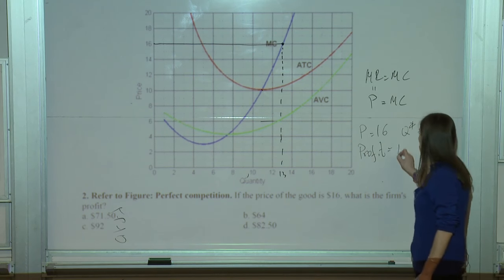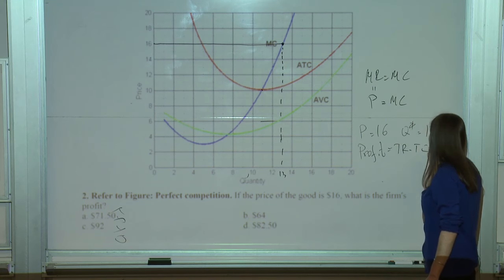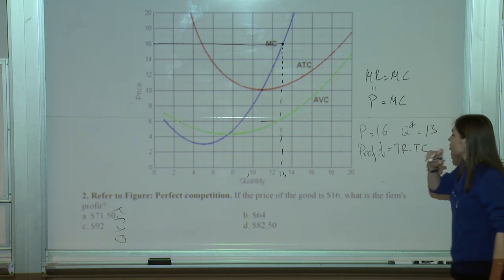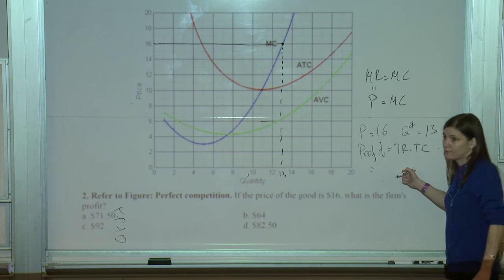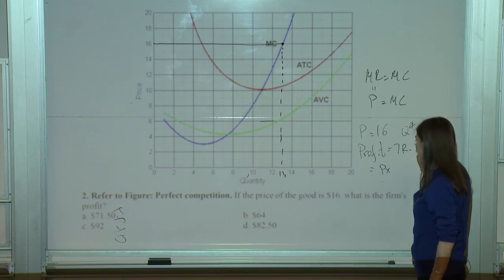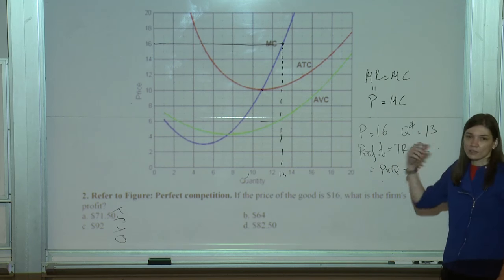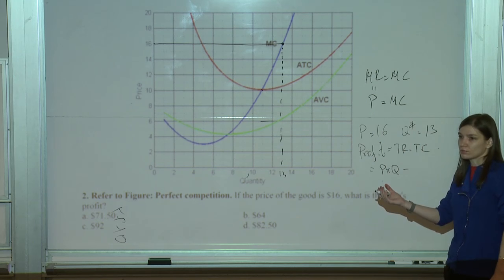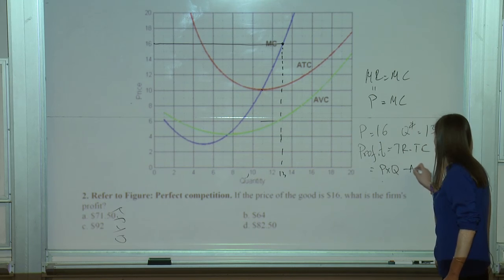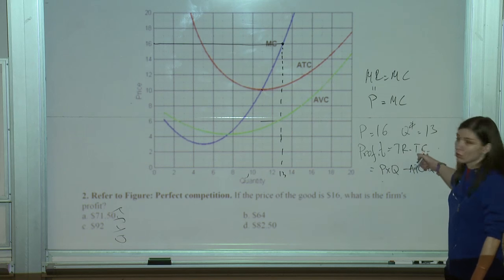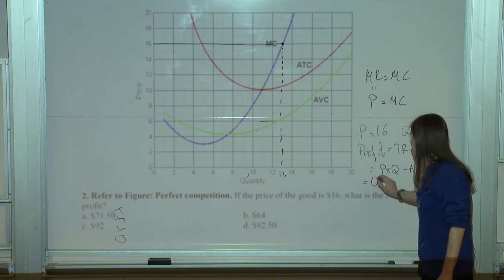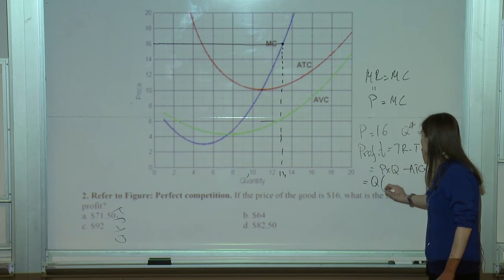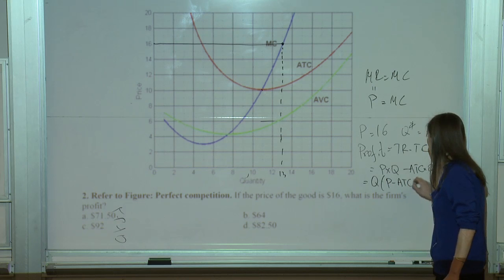We know total revenue is price times quantity, and total cost can be expressed as average total cost times quantity. From here we can factor out the quantity, so profit becomes quantity times price minus average total cost.